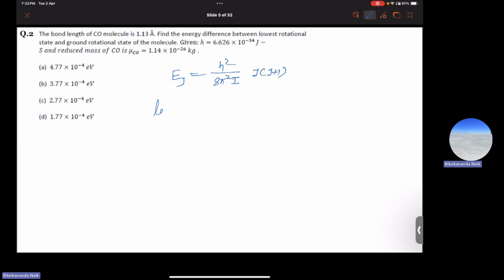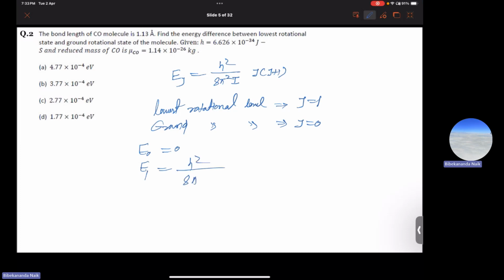So the lowest rotational level is J equals 1 and the ground rotational level is J equals 0. So E0 is 0 and E1 is h square divided by 8 pi square I, 1 into 2.